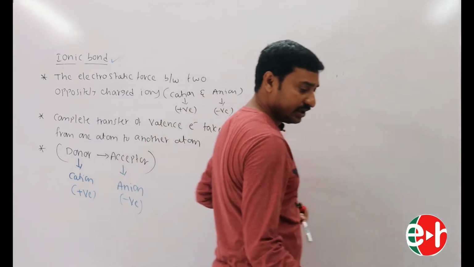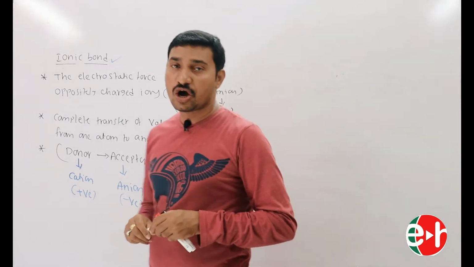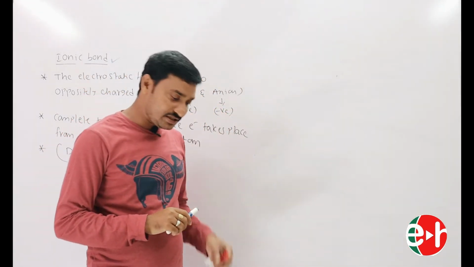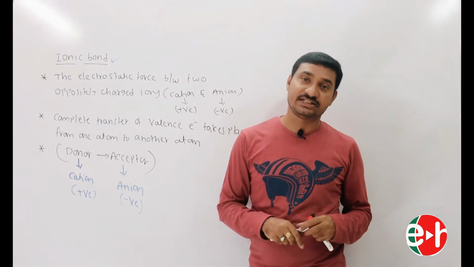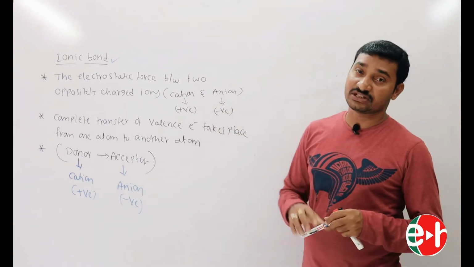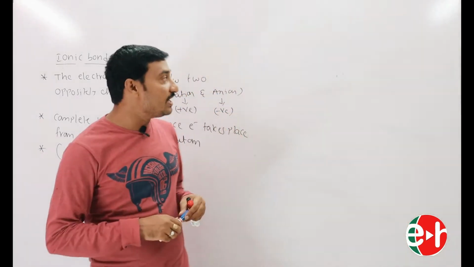We know generally each and every atom is looking to get octet configuration. That means looking to keep 8 electrons in the valence shell. Octet means 8 electrons. Each and every atom is looking for stability.